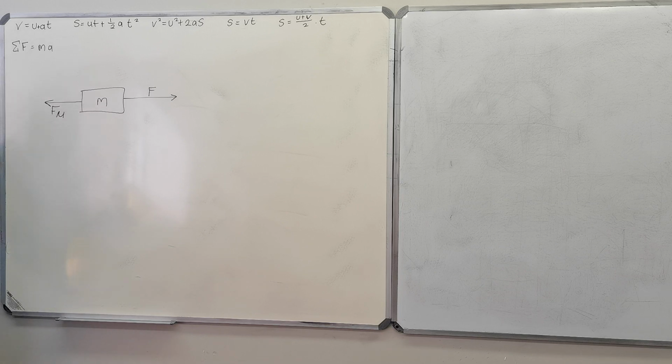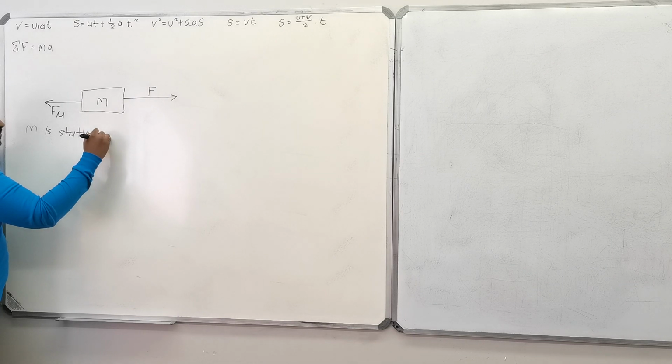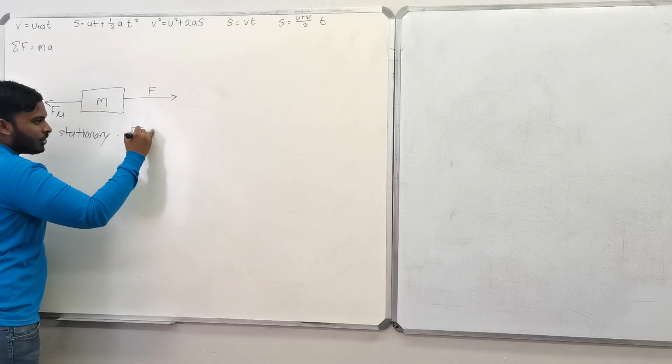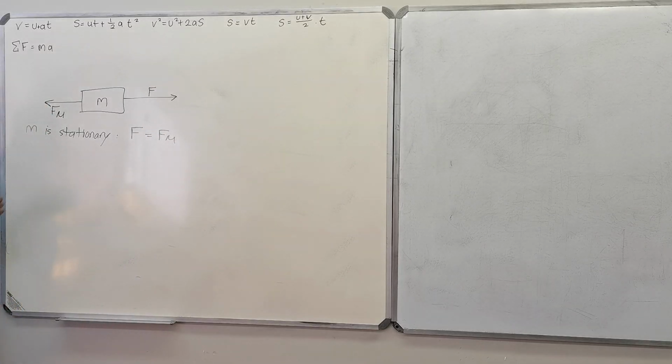What they're basically saying is that if M is stationary, meaning it's not moving, how will it not be moving? This object won't move because your applied force is equal to your frictional force. Whatever is pushing it and whatever is pulling it is acting with the same force. So it's not going to move.